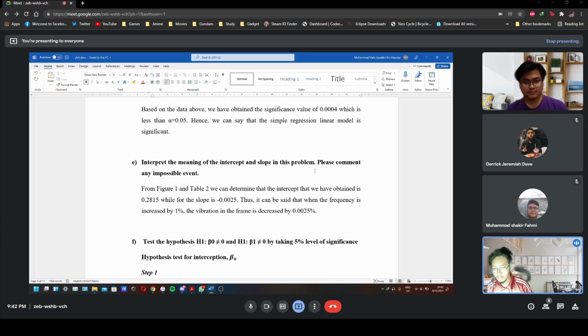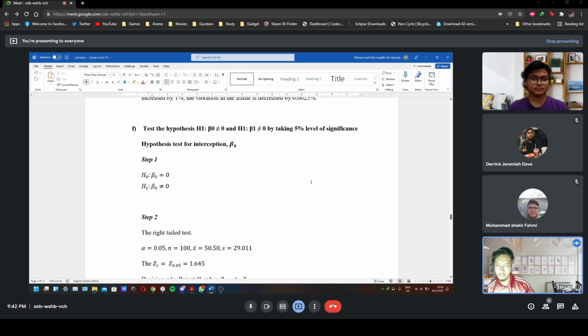Thus, it can be said that when the frequency is increased by 1%, the vibration in the frame is decreased by 0.0025%. Okay, next, I will give back to Alif.